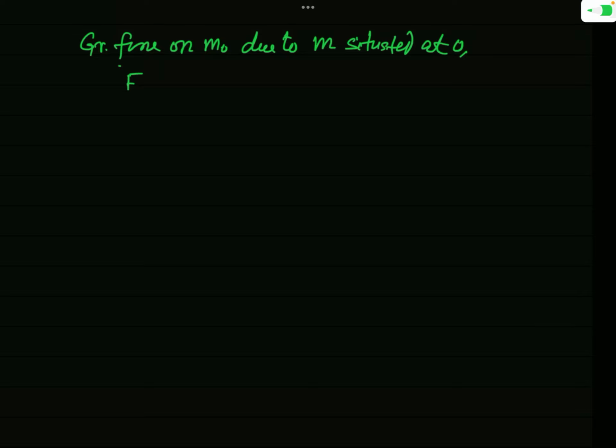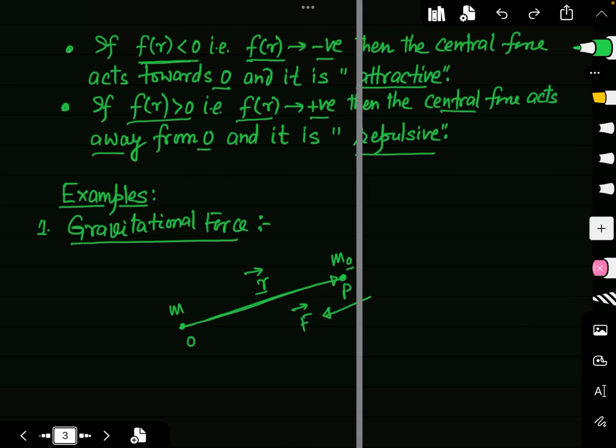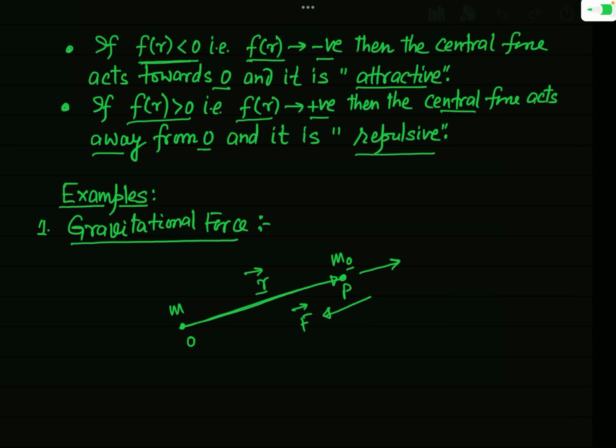And this force, you know, this is given as minus G m m0 over r square times r hat, because you know this force is attractive, and if you consider that the radial unit vector is r hat, then this force actually acts in the negative direction of this radial unit vector r hat.